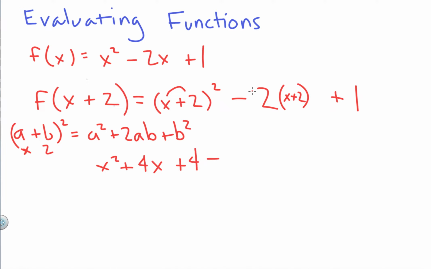Minus, we're going to distribute this negative 2 to both of these terms, giving me a negative 2x minus 4 plus the 1. Simplifying, my 4's are going to cancel. I end up with x squared plus 2x plus 1.